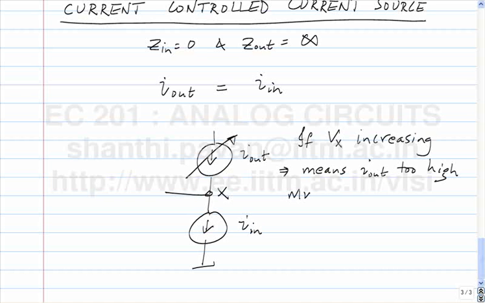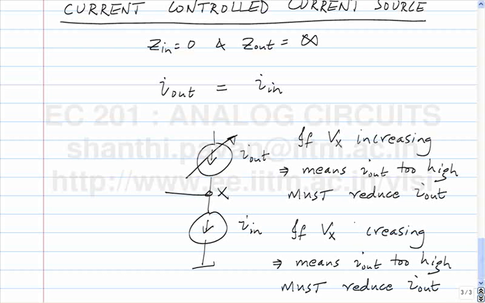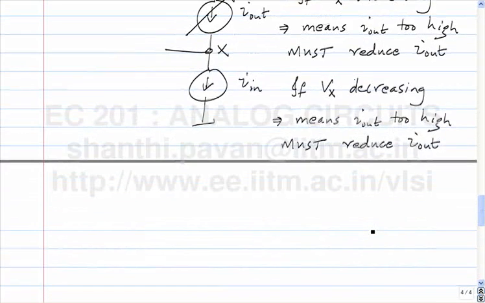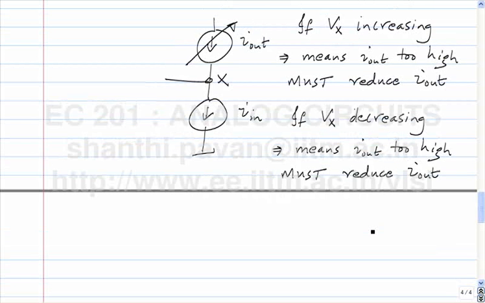I must reduce I out. On the other hand, if Vx is decreasing, it means I out is too low. I must increase I out.